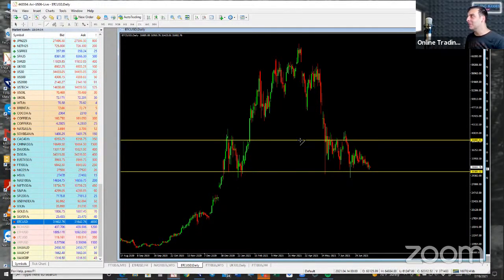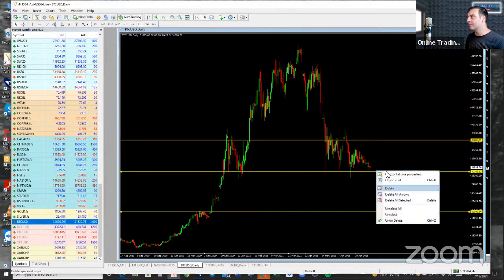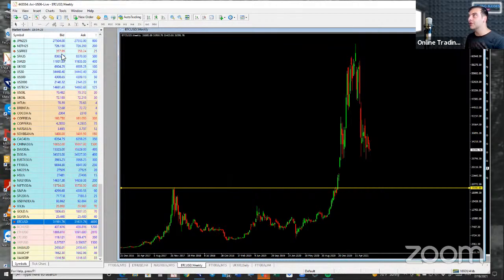Which would drop us into this price point, which is around about $20,000. And you can probably tidy that up a little bit and drop it down to the next point of potential support. So that would be the head and shoulders playing out at $20,000.